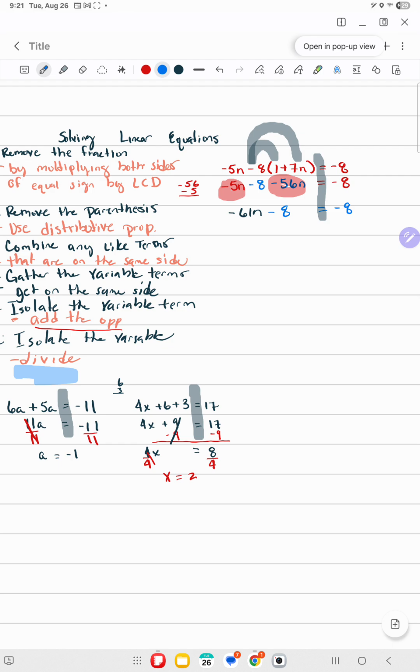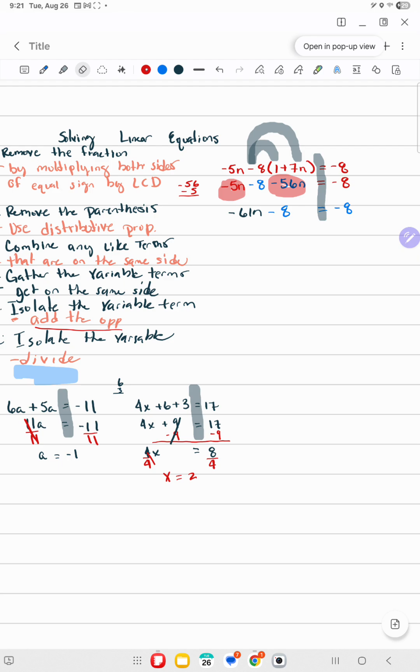Just combine the coefficients. Now, the next step says gather the variable terms. Do you have variable terms on both sides? You do not. That's negative 61n only on this side. Then it says isolate the variable term. Who's over there with the negative 61n? Negative 8.